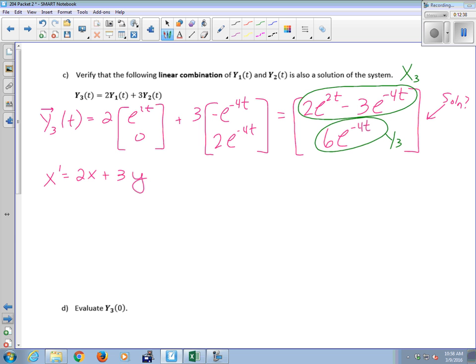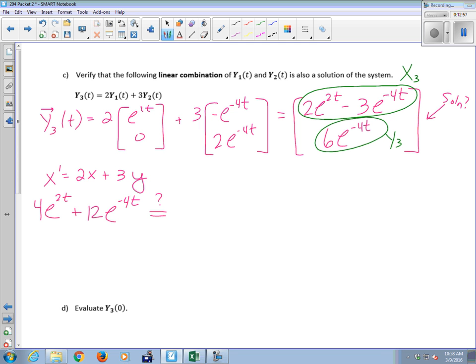All right, so if that first entry on top is x, then x prime is its derivative, so that's just going to be 4e to the 2t plus 12e to the negative 4t, right? Okay.